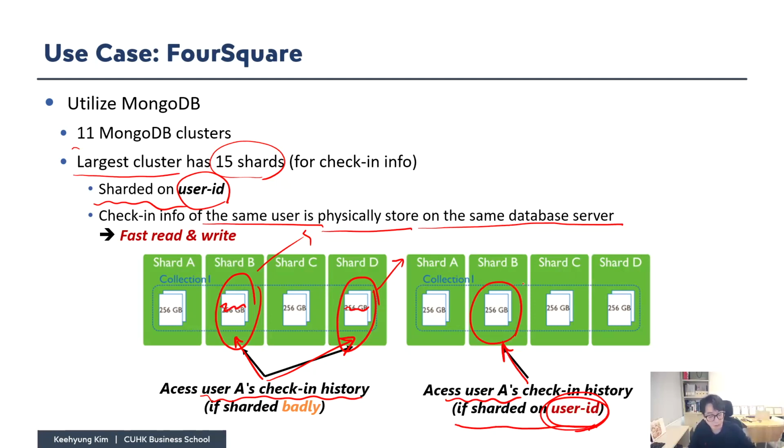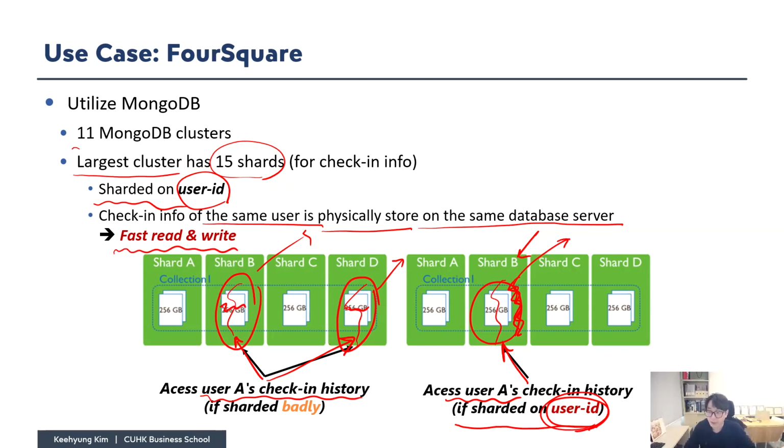And then in the future, when we send a query to the database server, we can only search here, a smaller number of documents, and we can return the result to the user. So instead of scanning 500 gigabytes, we can only scan 256 gigabytes of information. So it will be much faster. So that's how Foursquare used sharding in MongoDB, and they are able to provide fast read and write operations.